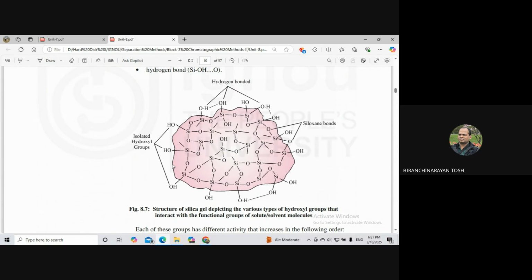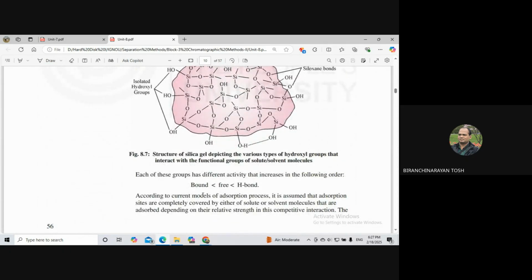According to the current model, each of these groups has different activity, which increases in the following order: bound is less than free and less than hydrogen bonded.